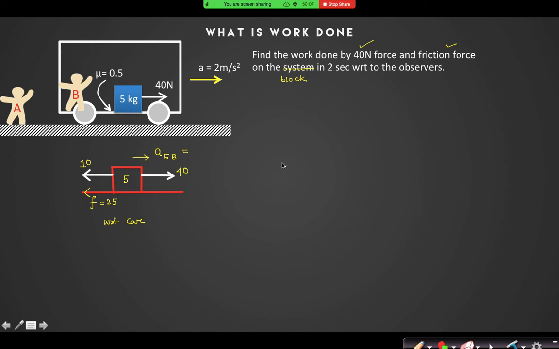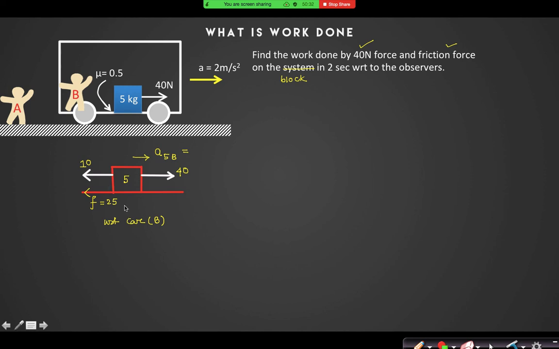What is the free body diagram of that block with respect to the reference frame B now? I am saying that with respect to observer B, I am drawing the free body diagram of the block. Then what are the forces on the block that I need to first calculate?